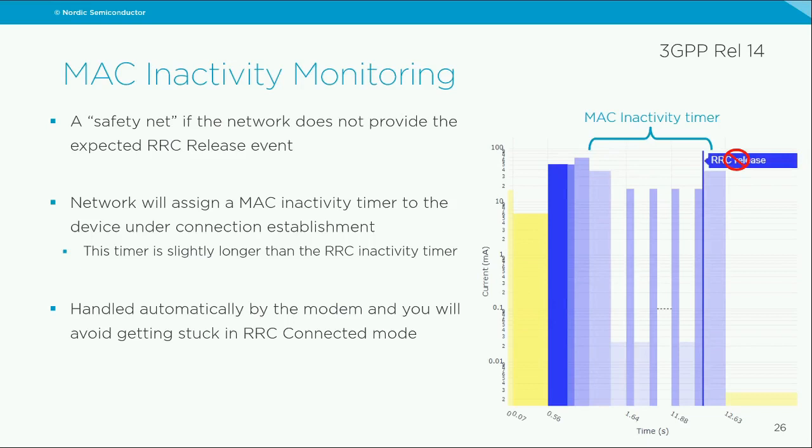However, if for some reason you do not get this RRC release, you can get stuck, and this MAC inactivity timer will take care of turning off the modem when this happens. This is handled automatically by the modem to avoid getting stuck in RRC connected mode. This timer is slightly longer than the RRC inactivity timer.